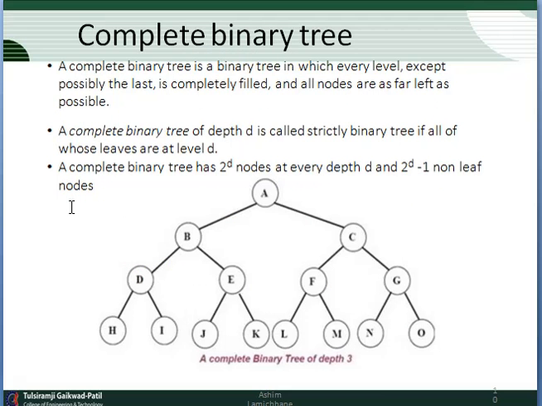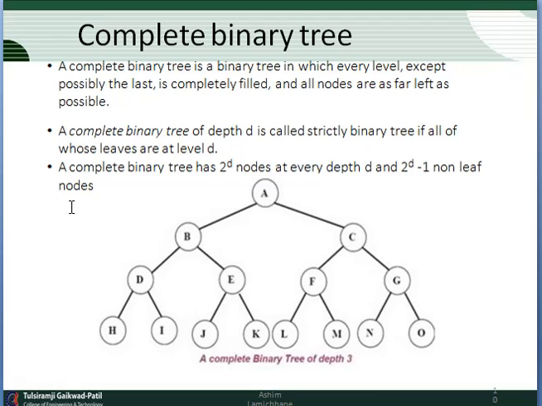A complete binary tree is a binary tree in which every level except possibly the last is completely filled, and all the nodes are as far left as possible. So no node will remain blank here except at the leaf level. Such a tree is called a complete binary tree.